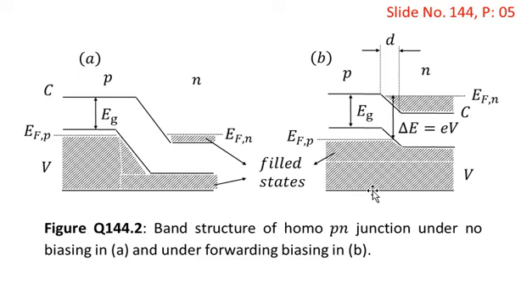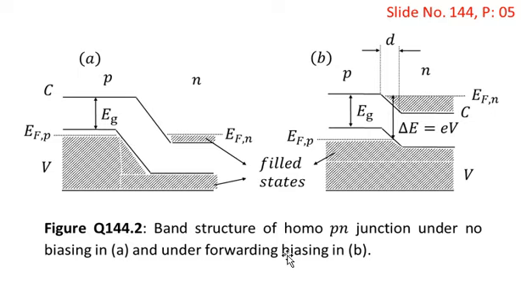But you see that when we apply the forward biasing voltage, as shown in part B of this figure, the junction width, which is denoted by the small separation D, has now reduced.